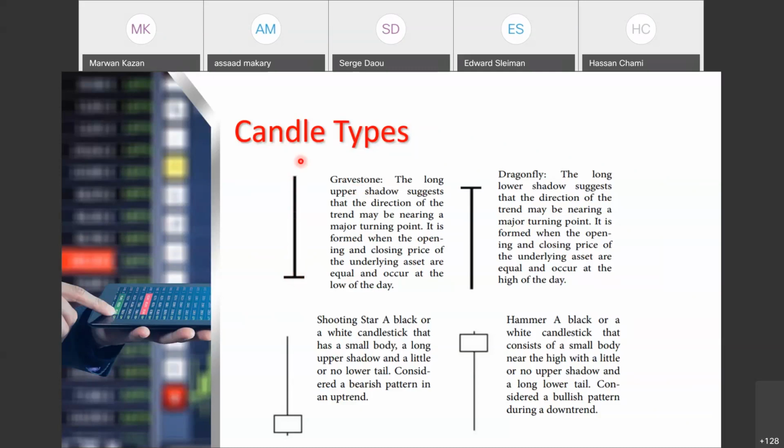So we have big selling power. What does this mean? Maybe in later days the price will go down. We're going to talk about this in some minutes. So I want you to understand what the candle is telling you. I don't care if you remember the name. I even forget the names.